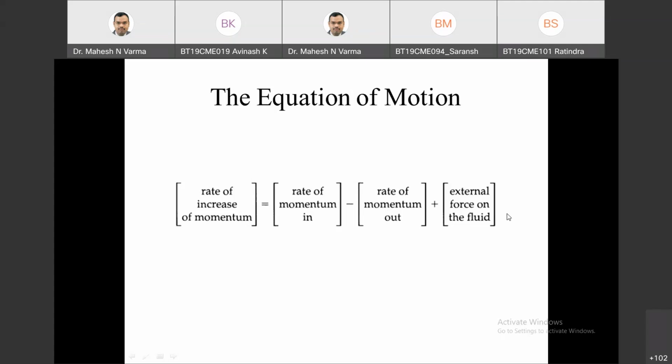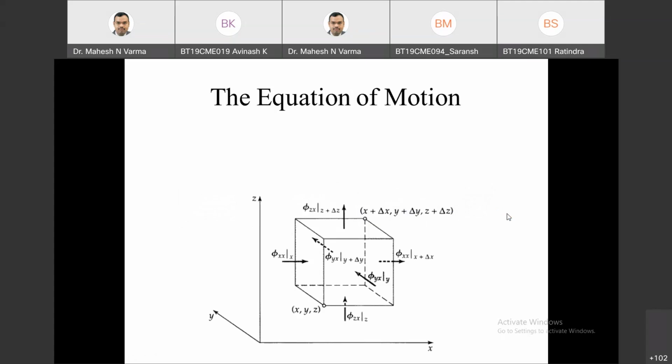So rearranging this equation, this is for x momentum. This is the x component of x momentum, this is the y component of x momentum, and this is the z component of x momentum. Flux multiplied by surface area will give you rate. So these three will give me the rate coming in, and these three will give me the rate going out, and then the total forces.